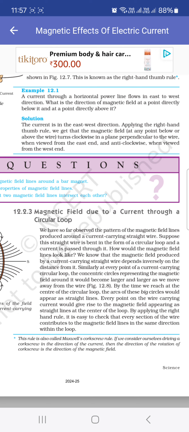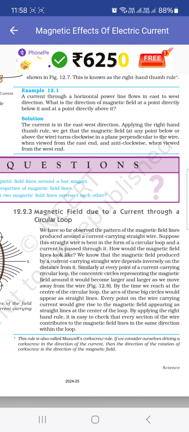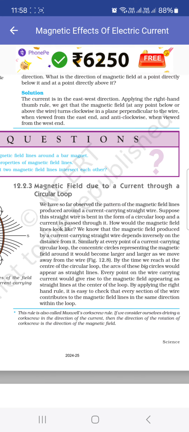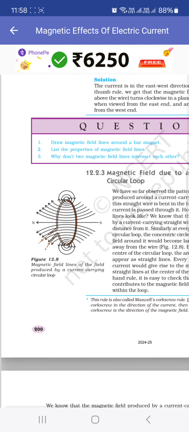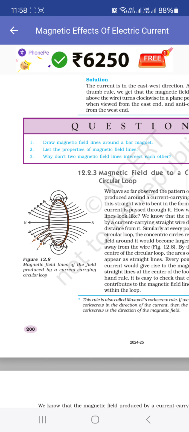By applying the right hand rule, it is easy to check that every section of the wire contributes magnetic field lines in the same direction within the loop. Figure 12.8 shows the magnetic field lines produced by a current carrying circular loop.